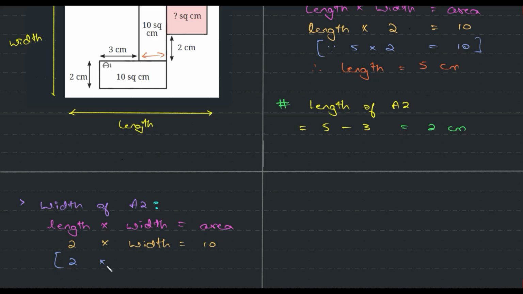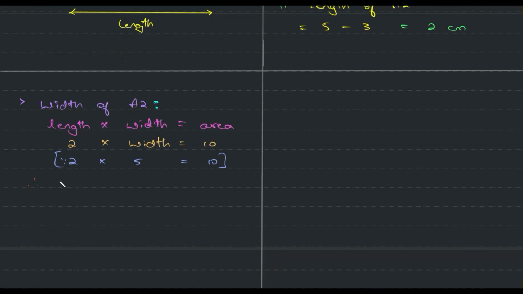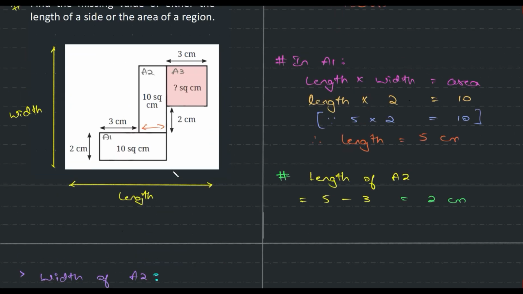But 2 into 5 is 10. So therefore, the width will be 5 centimeter. This is 5 centimeter. We have 5, we have 2. So this has to be 3 centimeter.